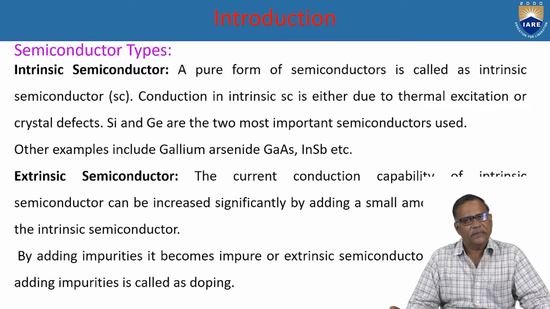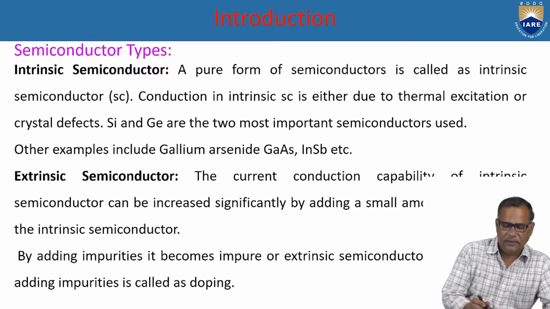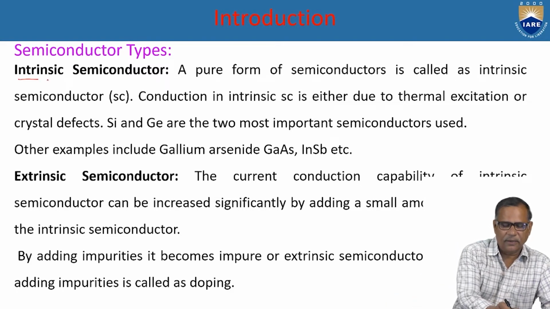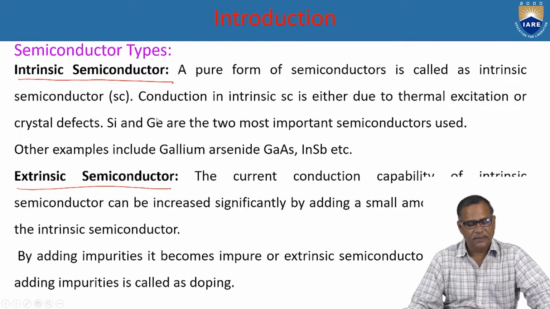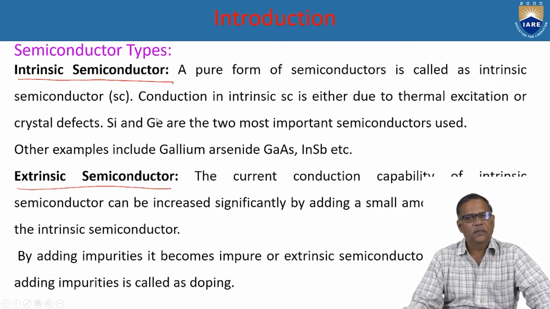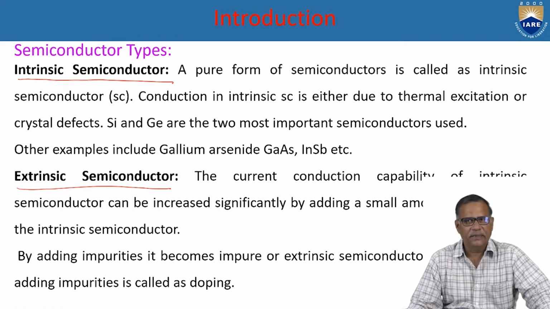Now, semiconductor types. The semiconductors are further subdivided into two categories: intrinsic semiconductor and extrinsic semiconductor. What is an intrinsic semiconductor and what is an extrinsic semiconductor? The purest form of semiconductor is called the intrinsic semiconductor.